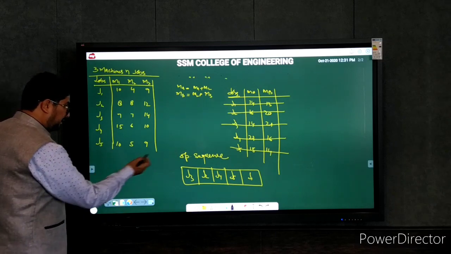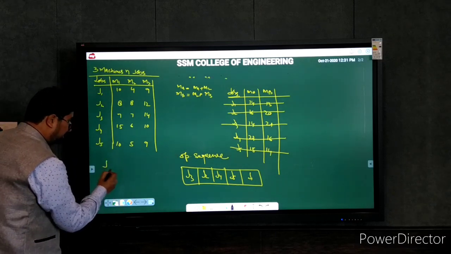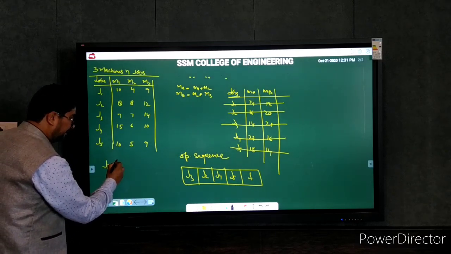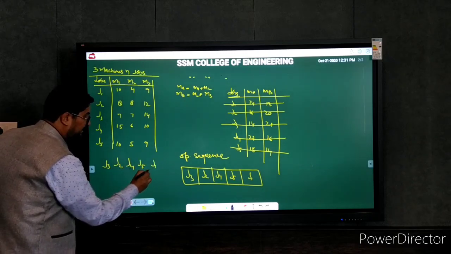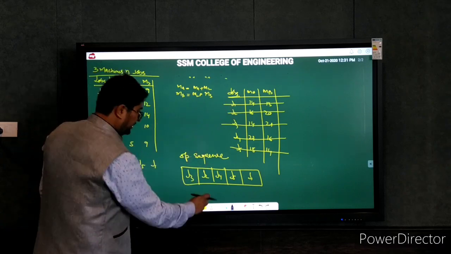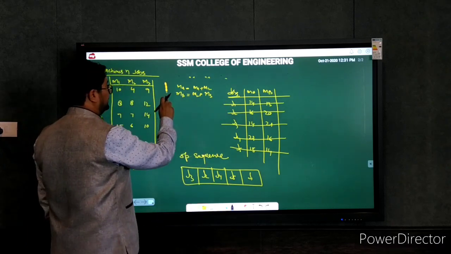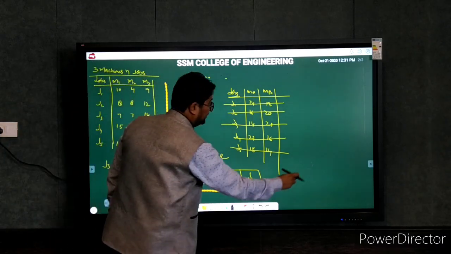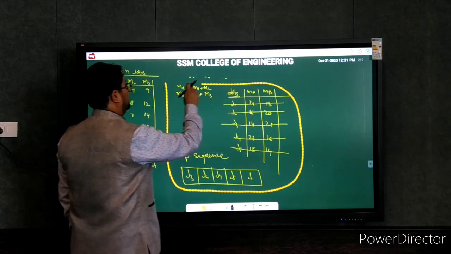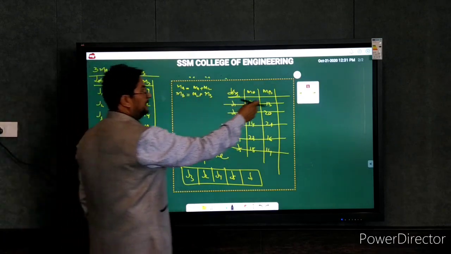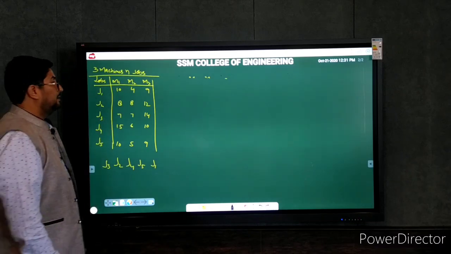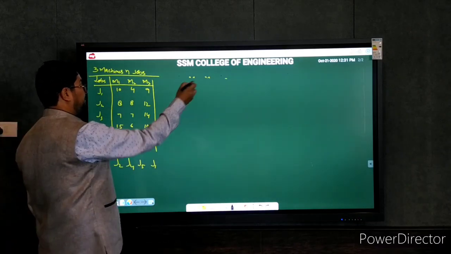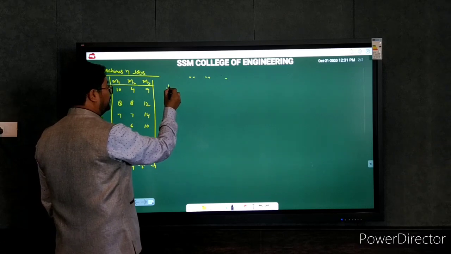So we'll note down only our optimal sequence, that is J3, J2, J4, J5 and J1. I'll rub up this area because now this area is not needed. I'll straight go for calculation of elapsed time. So we have jobs.